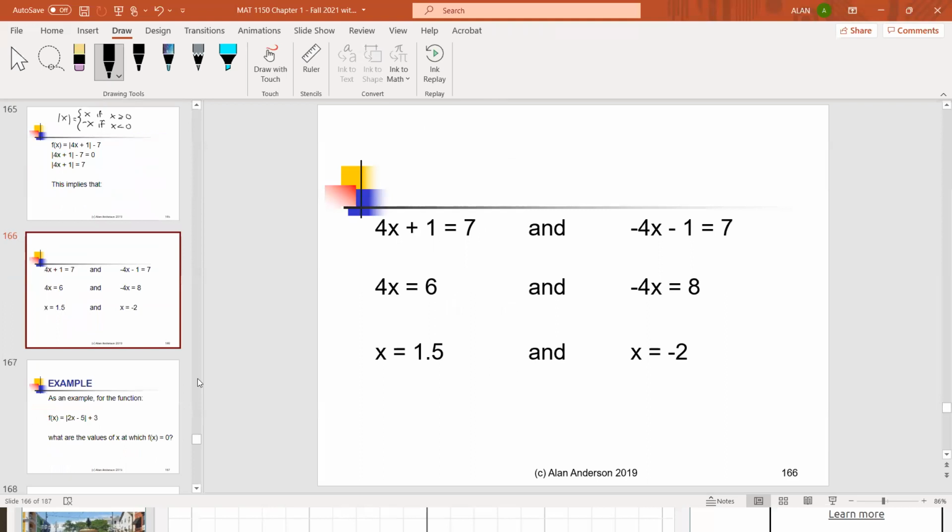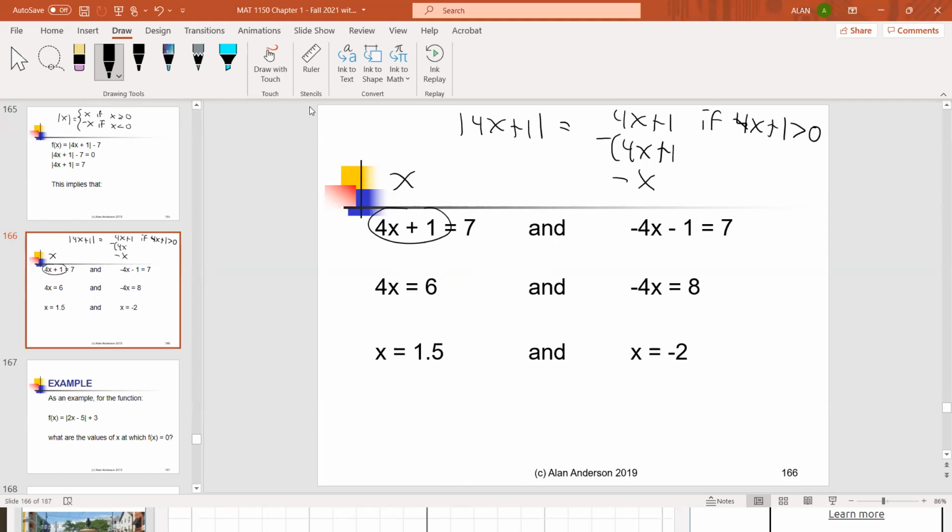So we're going to take this is x, and this is negative x, if we think of x as being... so I'm writing it out in the same terms.